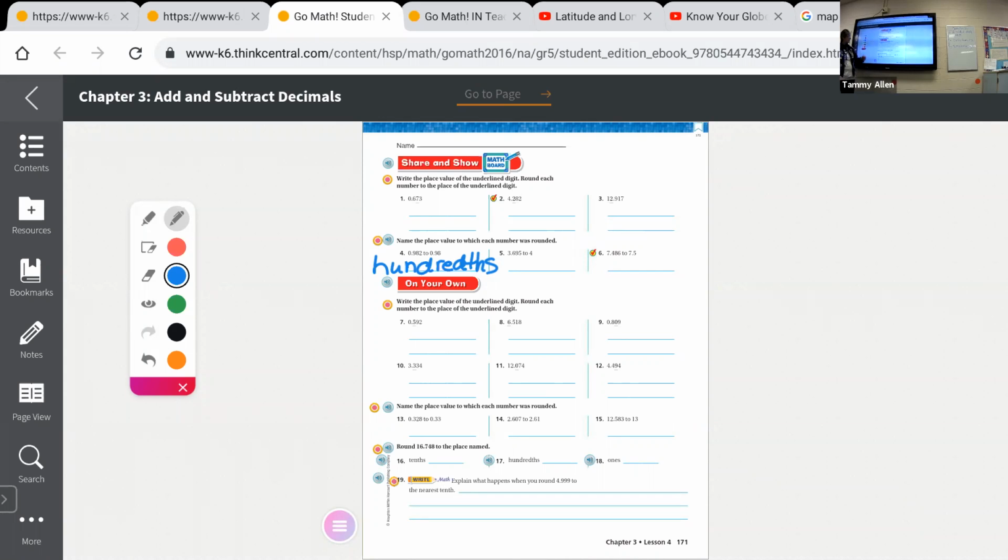As we take a look at number 7, write the place value of the underlined digit and then round each number to the place of the underlined digit. In number 7, what is the place value of the underlined digit? Tenths place.